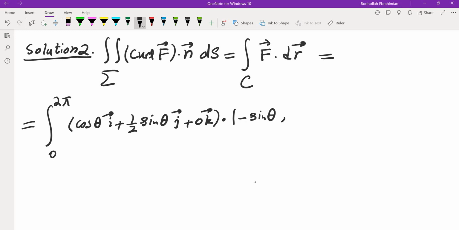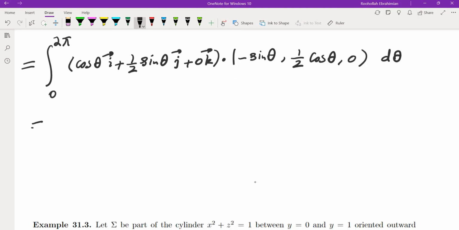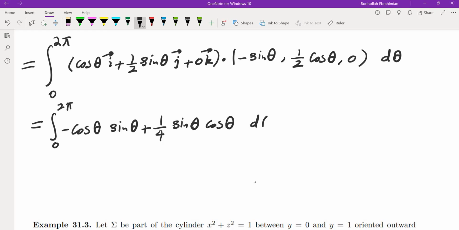That's r prime, and then 1/2 cosine theta and of course 0, d theta. Once we evaluate this, we get negative cosine theta sine theta plus 1/4 sine theta cosine of theta, d theta.